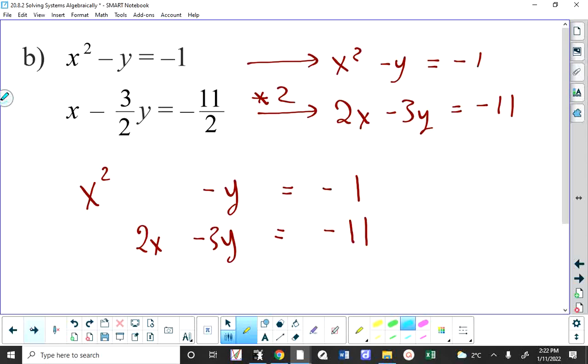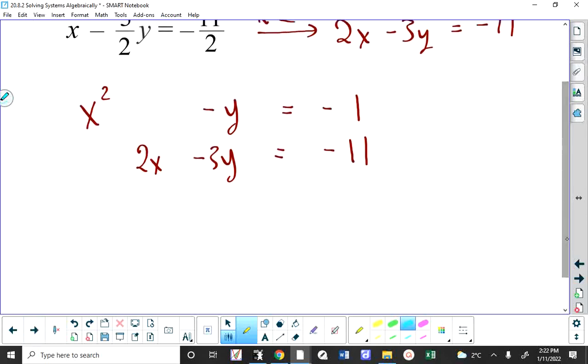Who can tell me what the best line of attack is here, you think, to get rid of the y's? Remember, I have to, go ahead. Okay, if I multiply the top equation by 3, I'm going to get, so we're kind of all over the place. You need to be organized.